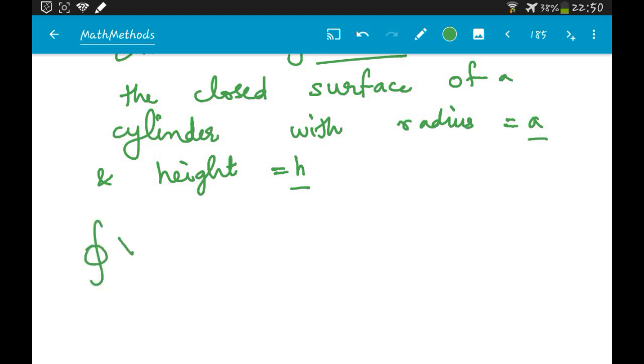So we need to find the integral of V dot n d sigma over the cylinder. There is some bounded surface, which is the cylinder. So this is V dot n d sigma, and this can be related with the divergence theorem. So what is the divergence theorem?